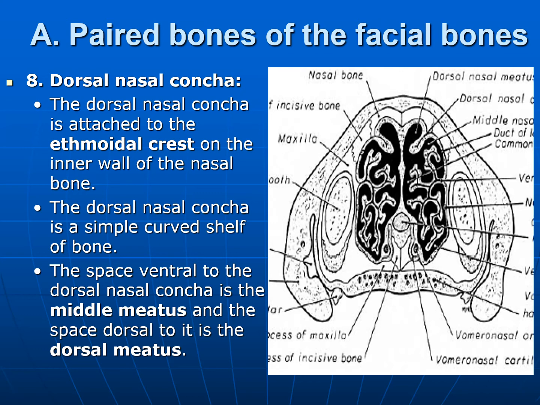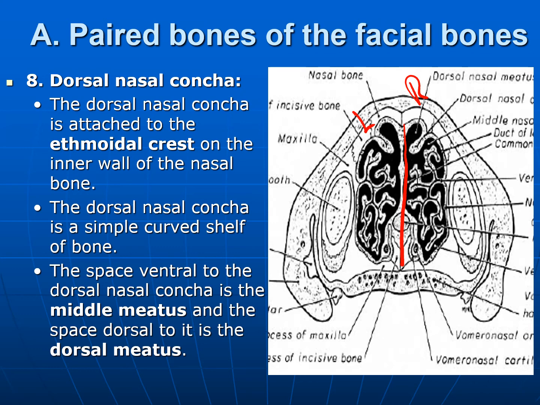The eighth bone that we have is the dorsal nasal concha, and number 9 is the ventral nasal concha. This is the area of the nasal cavity, and what separates the right and the left nasal cavity is the nasal septum. Inside the nasal cavity, we have the conchae, and they extend from the nasal bone or from the maxilla.